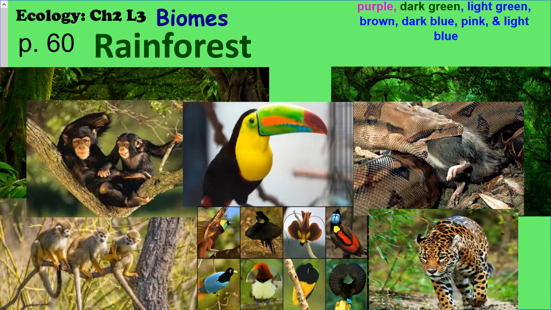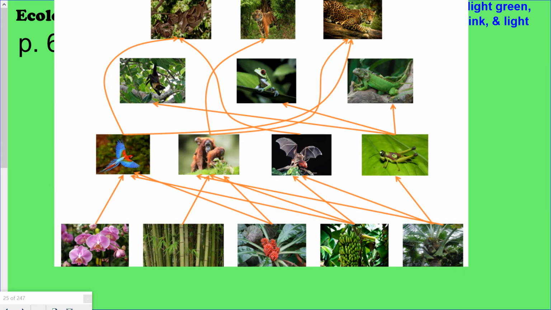It's not that the exact same plants and the exact same consumers are located in every tropical rainforest. It's the fact that the plants, the producers, and the consumers are similar to one another, and the amount of precipitation is the same. So when we look at these different rainforests, then we can always find different food chains and food webs and how they interact, and we're usually going to find multiple apex predators according to specific food chains and food webs.